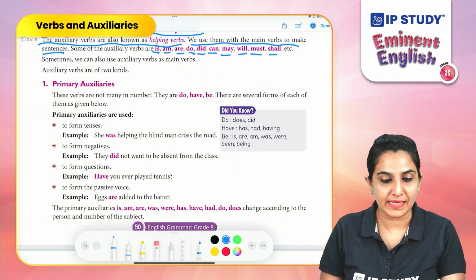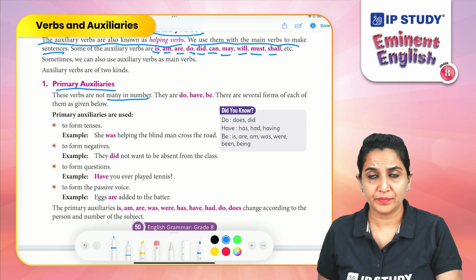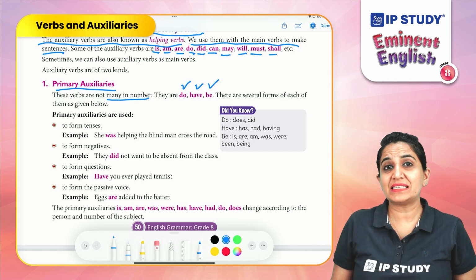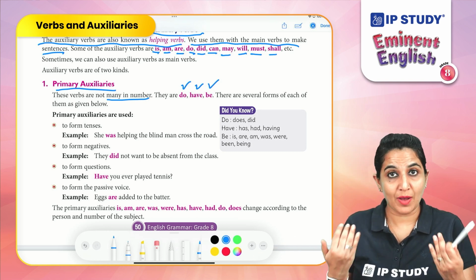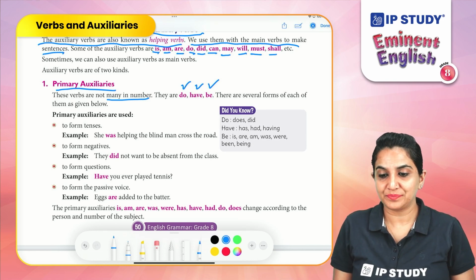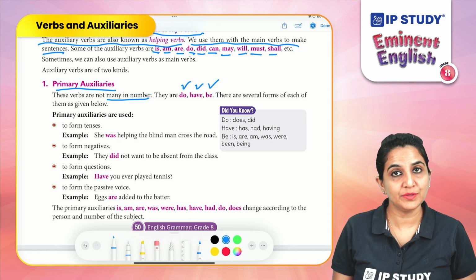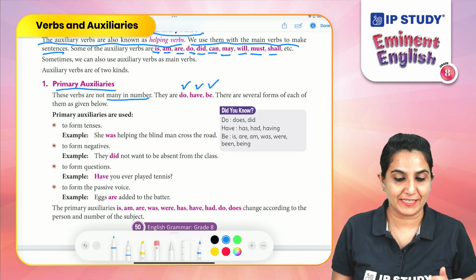Primary auxiliaries are those which are not many in number. They are do, have or be. That means they describe all these three forms: to do, to have or to be. There are several forms of each of them as given below. Let us understand and study all of these forms in detail.